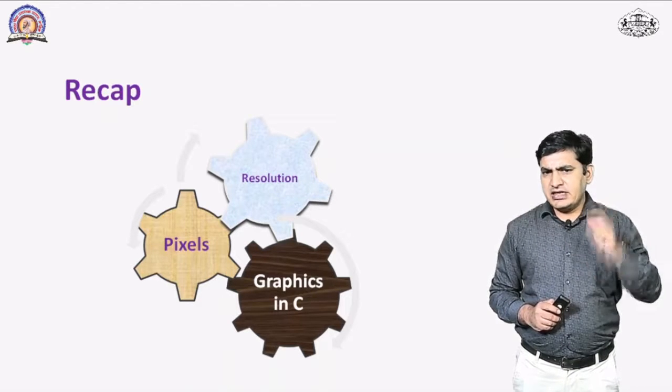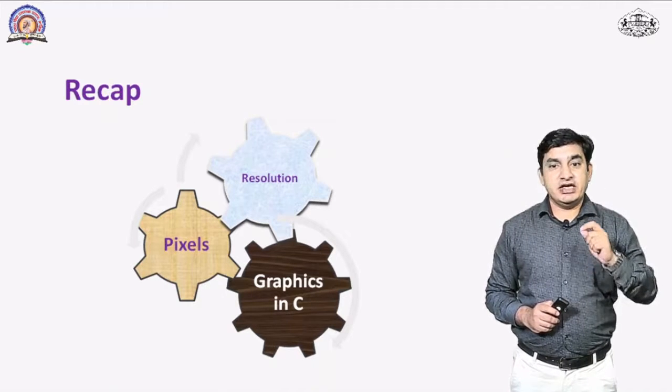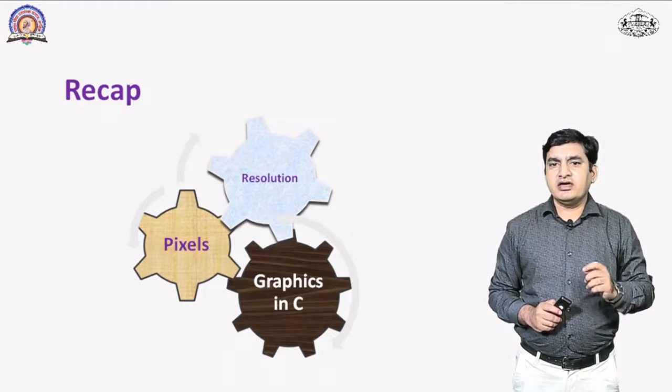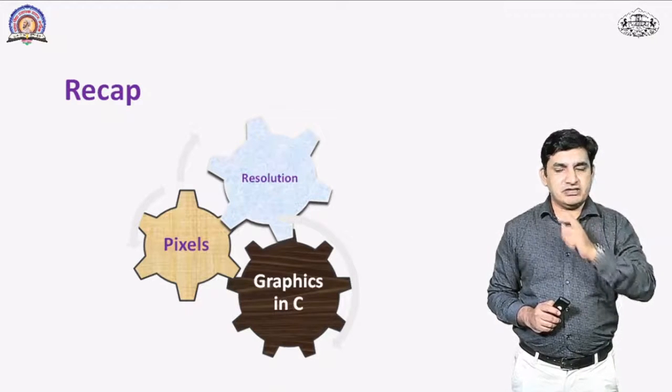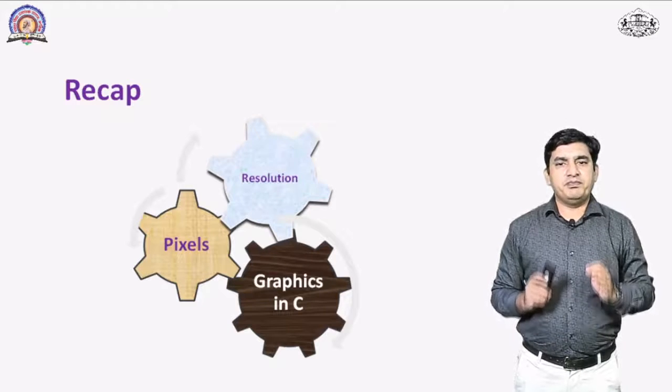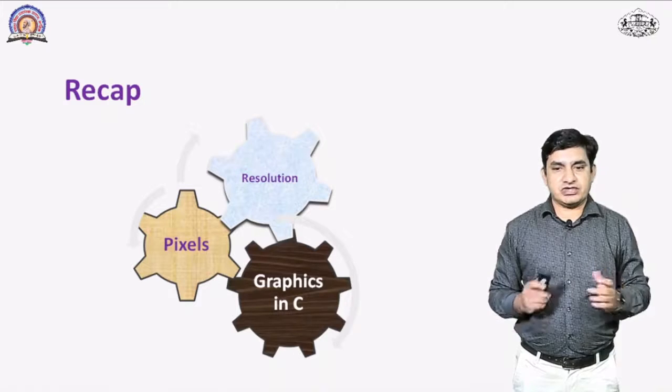It is the addressable point of a screen. We can change the intensity or the color of each pixel. And depending on the pixels, the screen has a different resolution.